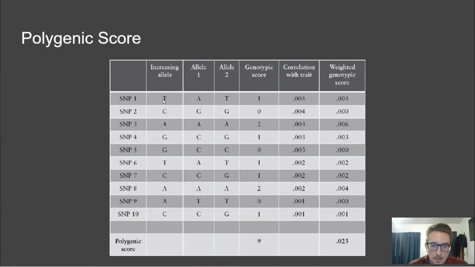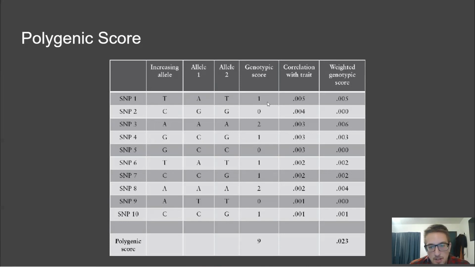So you have an increasing allele right here. Let's say we're looking for risk of attending a boring business school. This is the gene that is associated with that trait. And looking at this SNP, we see that you have an A in this location, a non-disease allele, and then we have a disease allele here. That is going to give you a genotypic score in this SNP of 1 out of 2.